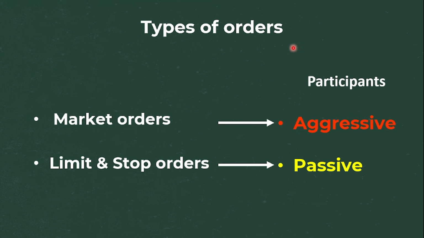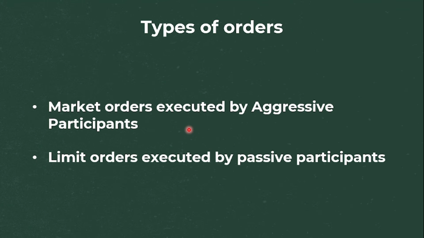Look here, types of orders. The market orders are the aggressive orders given by the aggressive participants. The limit and stop orders are given by the passive market makers. I think it's easy to understand.